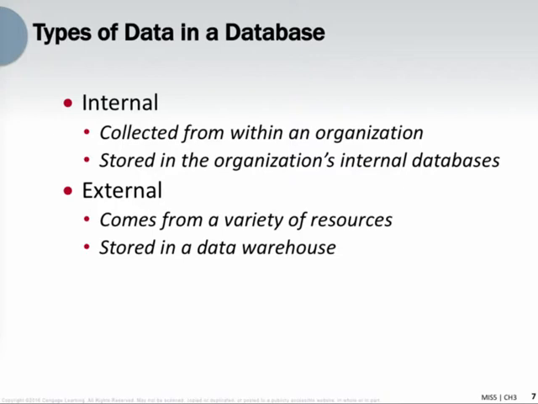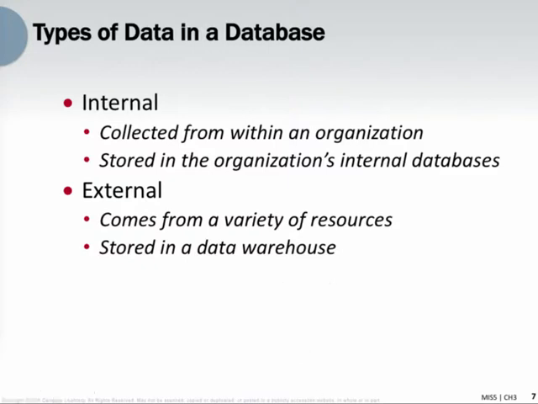So there could be a scenario where one database is located next to another database in the same building. But if they communicate and they're owned by different organizations, then that would be an external source of data, okay? And a lot of times external data is stored in a data warehouse. And we're gonna define this term as we go forward, okay?